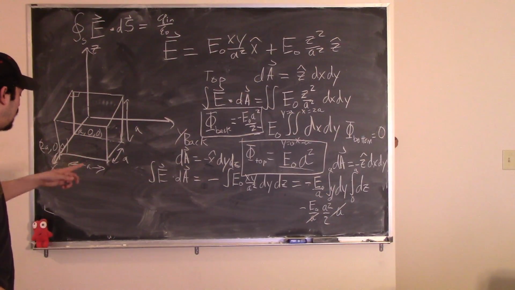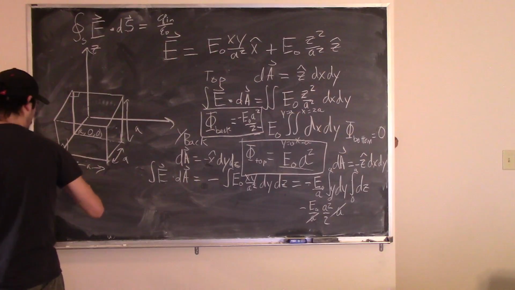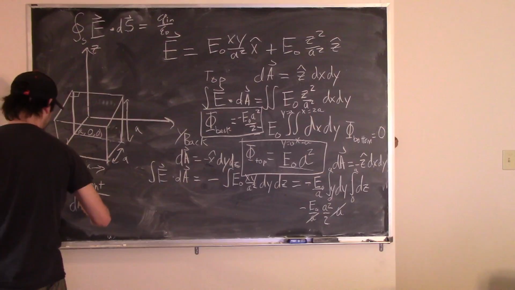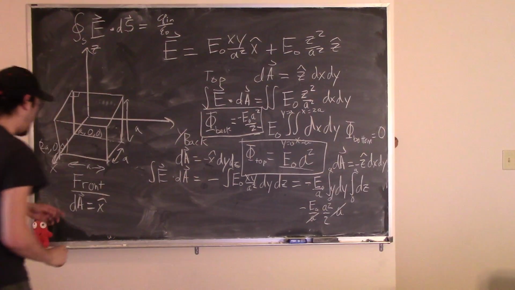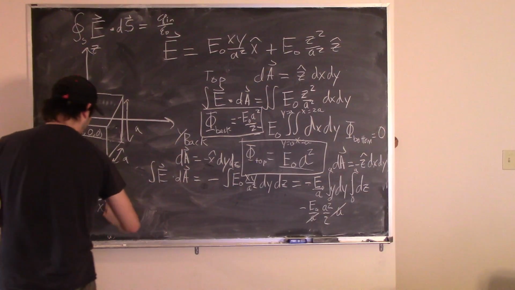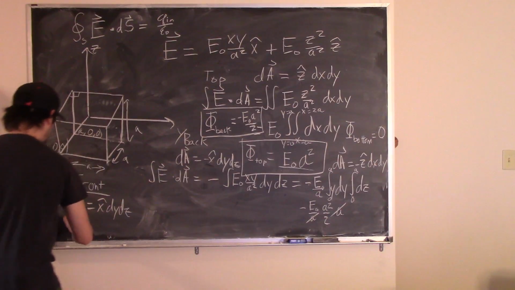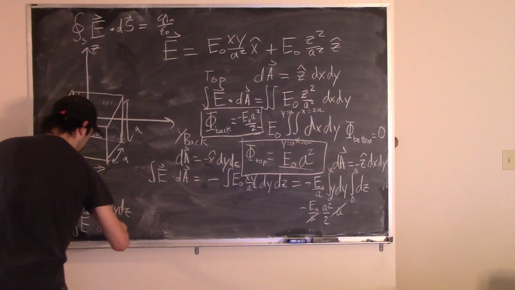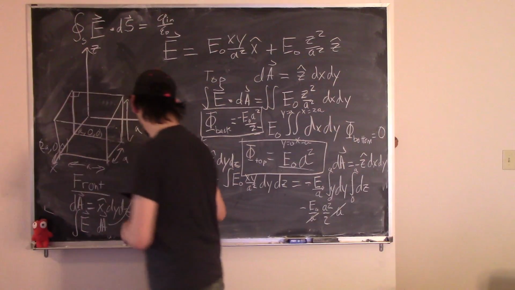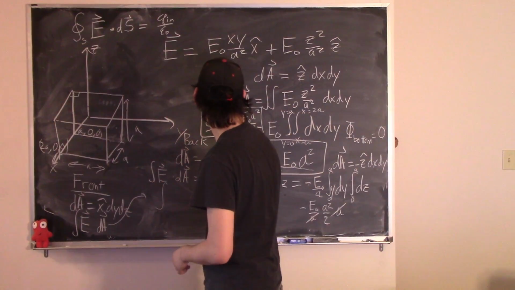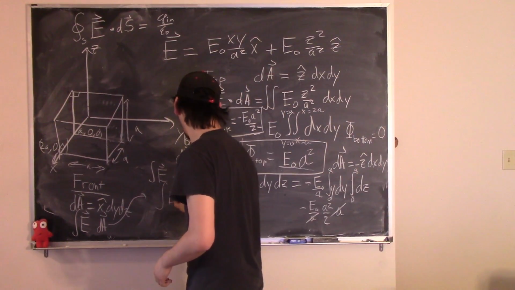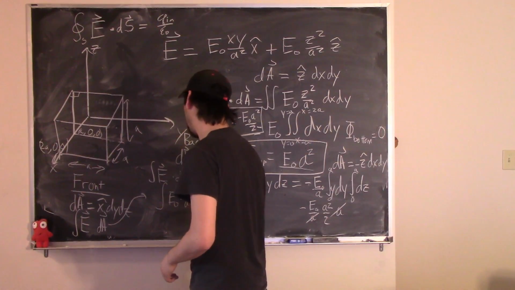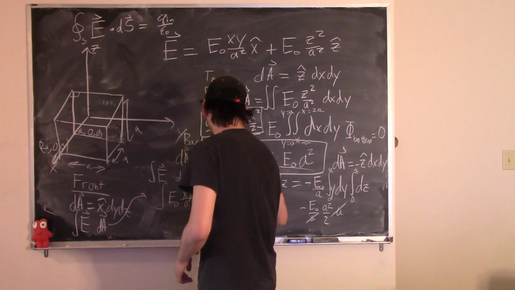And so when we do the front face, we see that for the front, dA is going to be equal to x hat times dy dz. When we do the integral of E dot dA, I'm going to move this up right here, we end up seeing that this is going to be the integral of E0 xy divided by a squared dy dz.